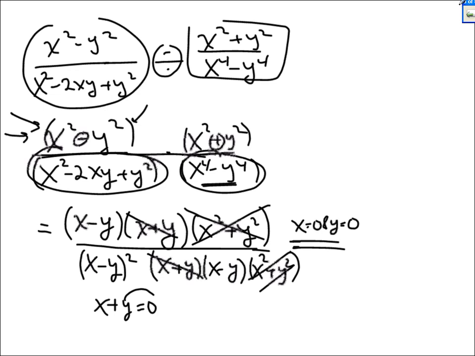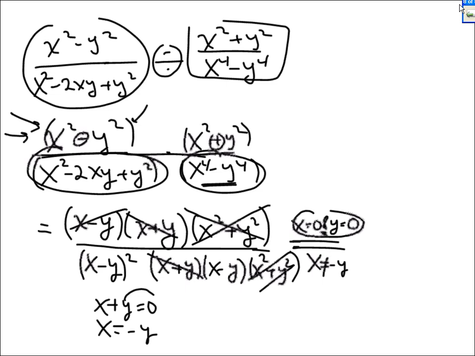If I bring the plus y to the other side, I get negative y. X cannot be negative y. Now notice on the top, this and is very important. I'm not saying x can't be 0. X can be 0. I'm not saying y can't be 0. In fact, y can be 0. What I am saying is they both can't be 0. Okay, x cannot equal negative y.